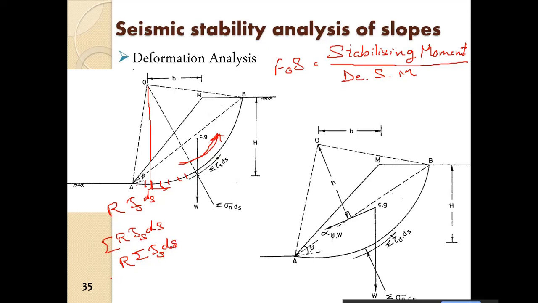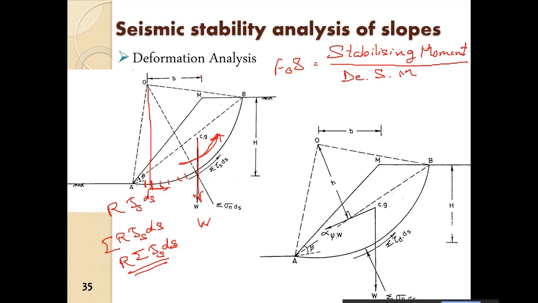Now the problem is that in case of an earthquake also, this will remain the same. In case of the static condition, we have this weight W, the weight W of this mass.